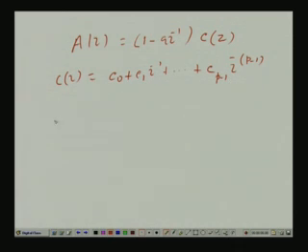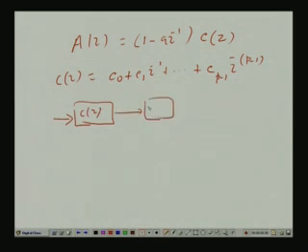So, that means the model can be written like this: C z followed by 1 minus q z inverse. Here is your E n, you can call this intermediate signal y n, and the output is x n. Obviously, x n is what?